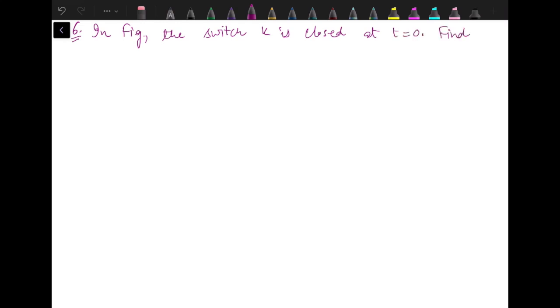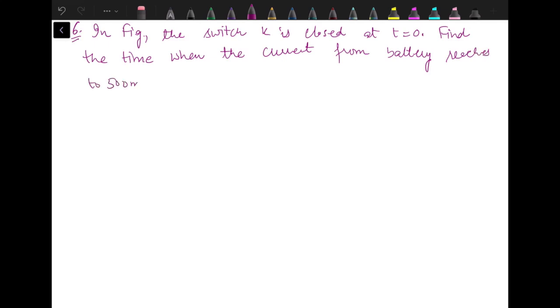Find the time when the current from the battery reaches 500 milliampere.